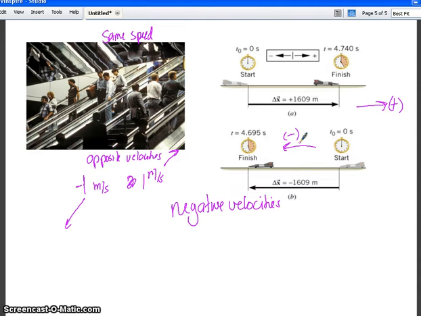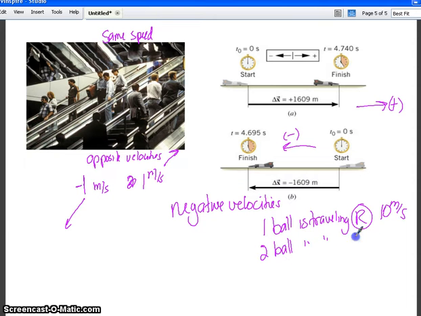So we're going to start putting in numbers, and when we plug numbers into an equation, we have to make sure we're plugging in the right number. In a lot of physics problems, it's going to say something like, one ball is traveling to the right at 10 meters per second, and the second ball is traveling to the left at 5 meters per second.